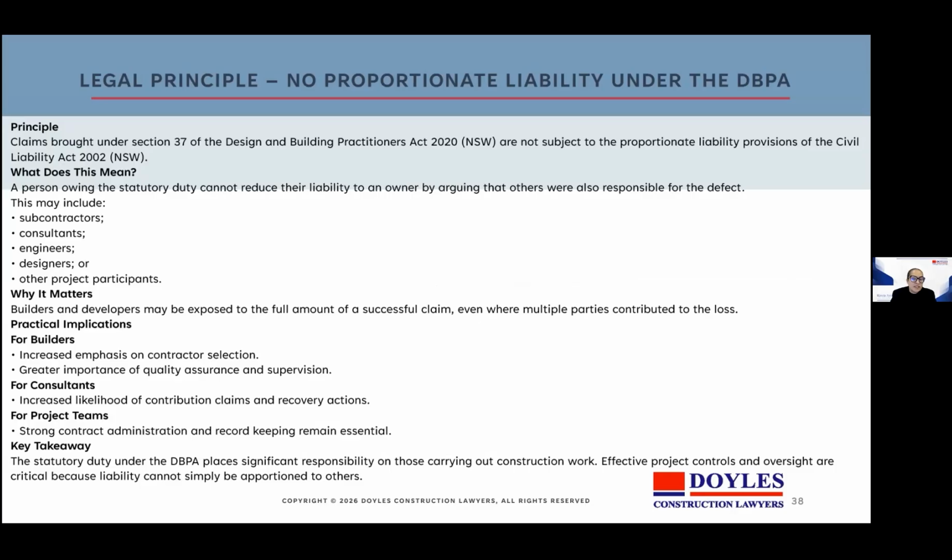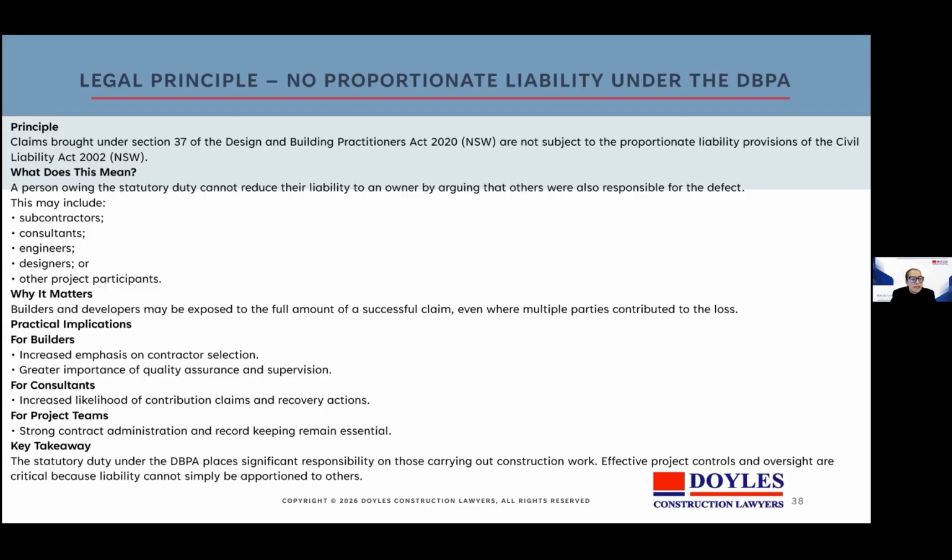Historically, many defendants expected liability to be shared amongst those responsible for a defect, but Pathburn demonstrates that DBPA claims often operate differently. So the focus is on the statutory duty itself, and the particular person owing that duty may remain liable to the claimant for the whole of the loss.